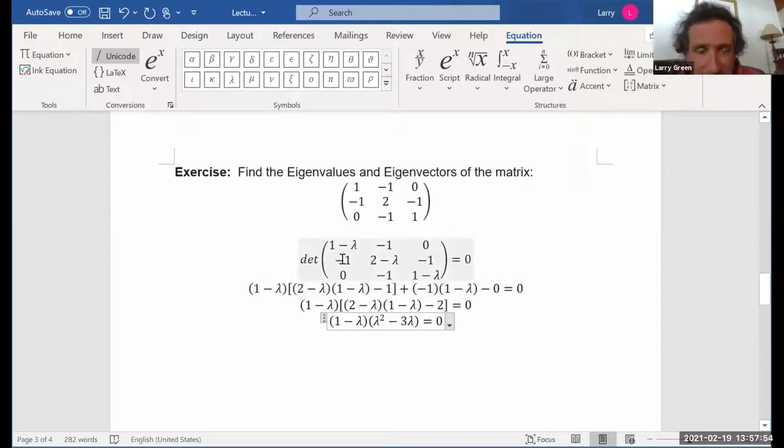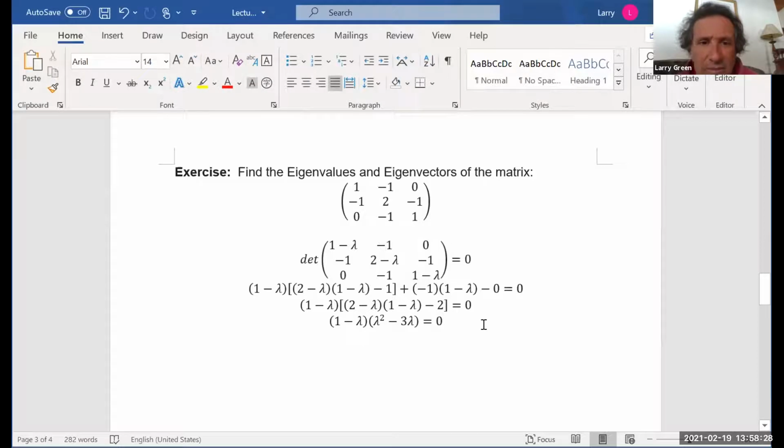And then for this one, you get a 1 times negative 1 times 1 minus lambda, period. Take out that. You get 2 minus lambda times 1 minus lambda, minus 1, minus 1. So 2 minus lambda times 1 minus lambda minus 2. Any questions on this?